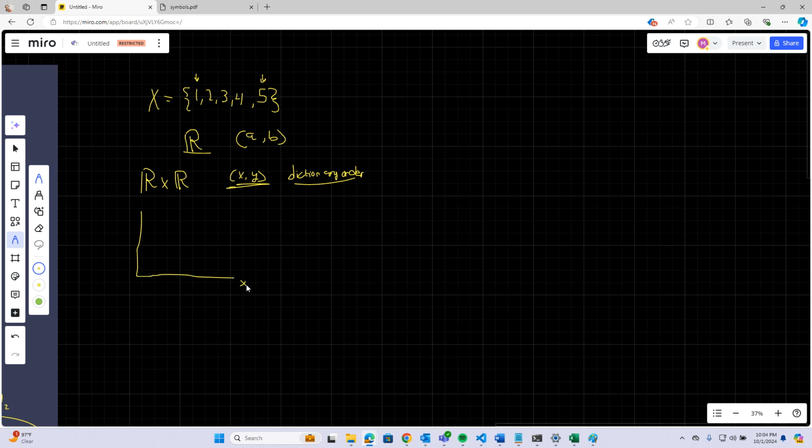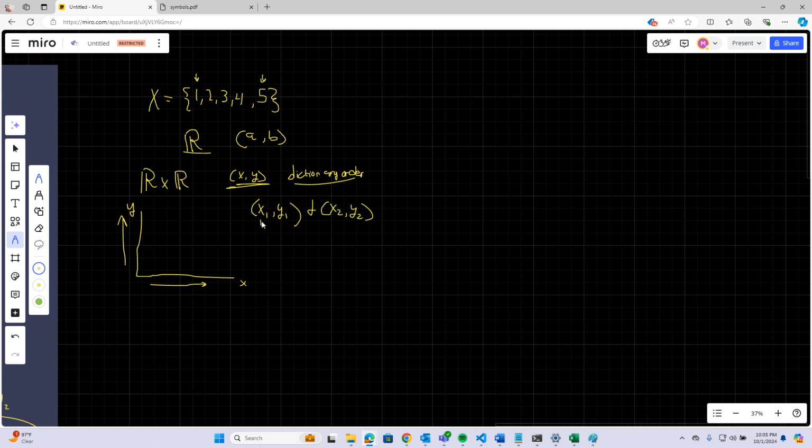Let's say this is my standard x-axis and this is my standard y-axis. What the dictionary order is saying is that first I'm going to order on my x's and then I'm going to order on my y's, right? So let's say I have two points, x1, y1, and x2, y2.